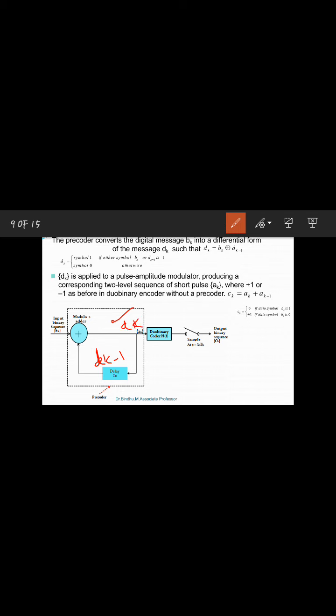This is the differential input, followed by a duobinary encoder, and we produce a sample sequence output. The sample sequence output says that if bk is 1, it is 0. If bk is 0, it is plus or minus 2 level. Therefore, you will get two outputs, plus 2 or minus 2, or the DC component 0.